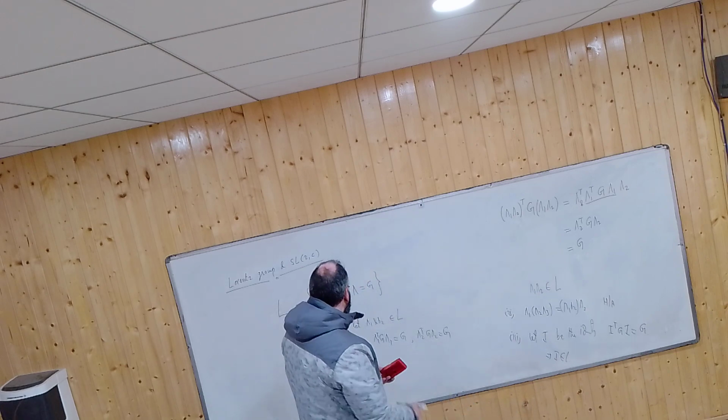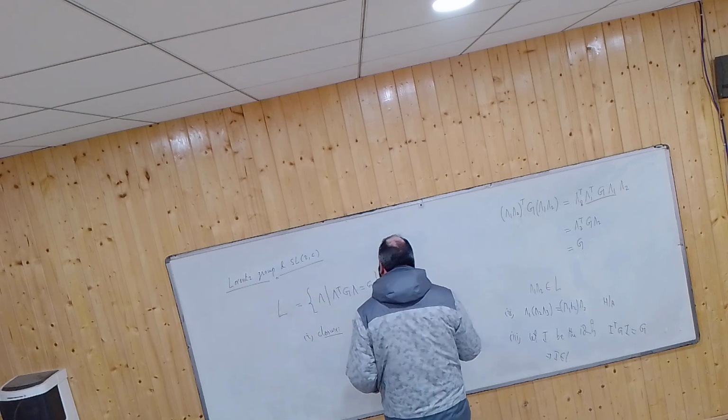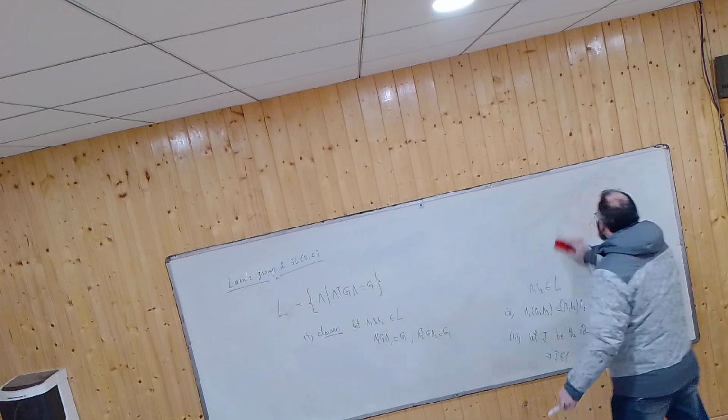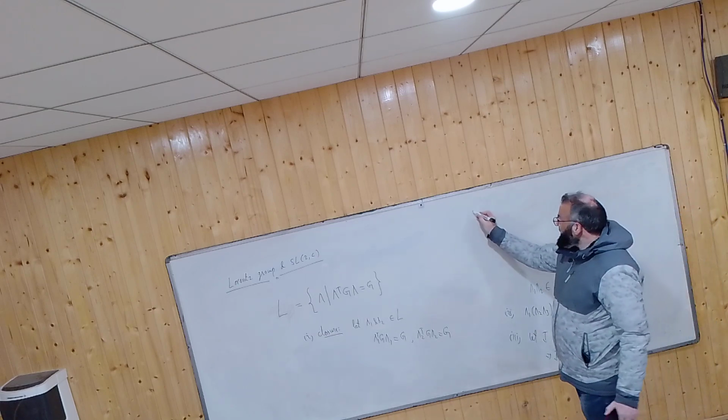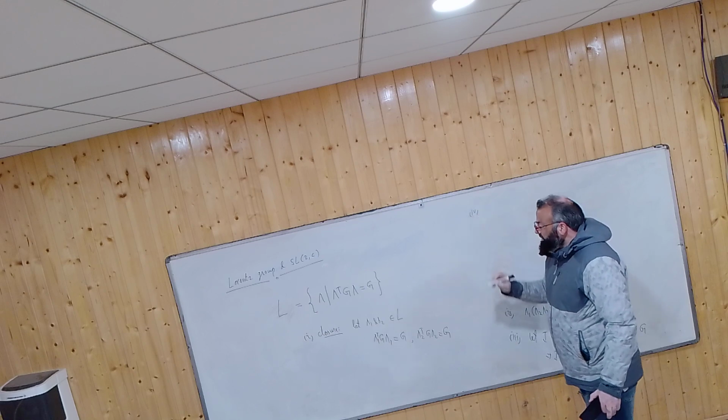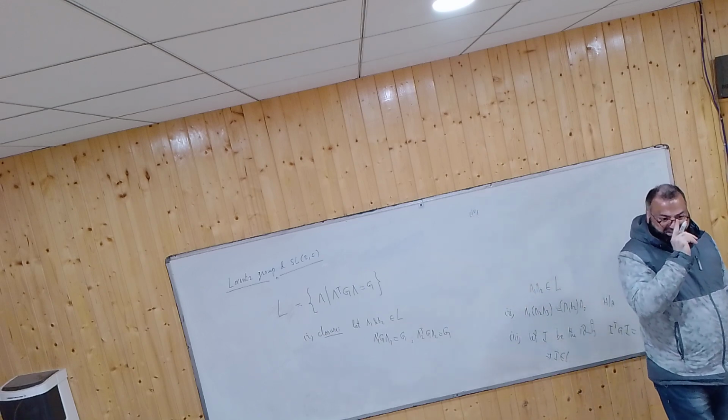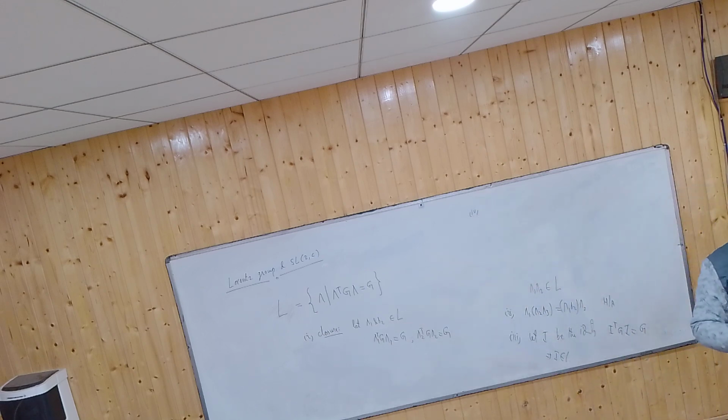Okay, what is the third point? We need to figure out whether there is an inverse or not. First let's check the condition of invertibility. Lambdas are matrices, is it? So when is the inverse possible? When the determinant of the matrix is non-zero. If it is zero, then we have a problem with invertibility.